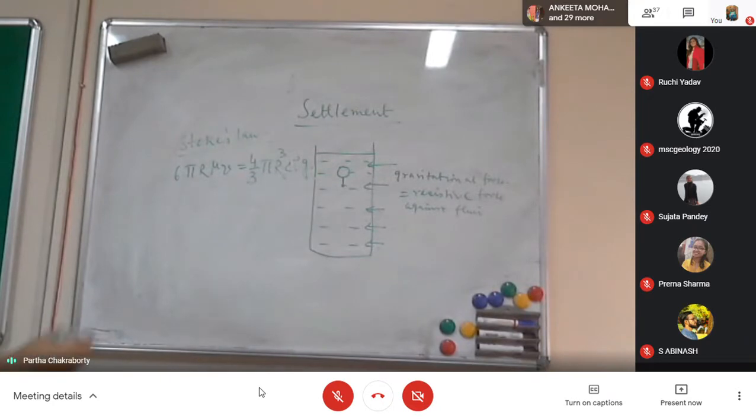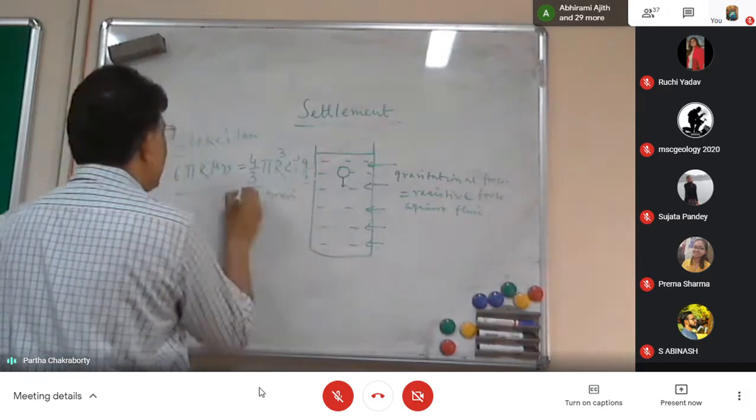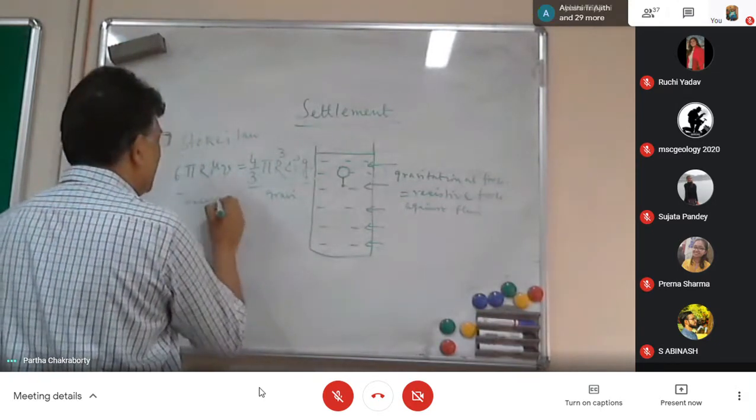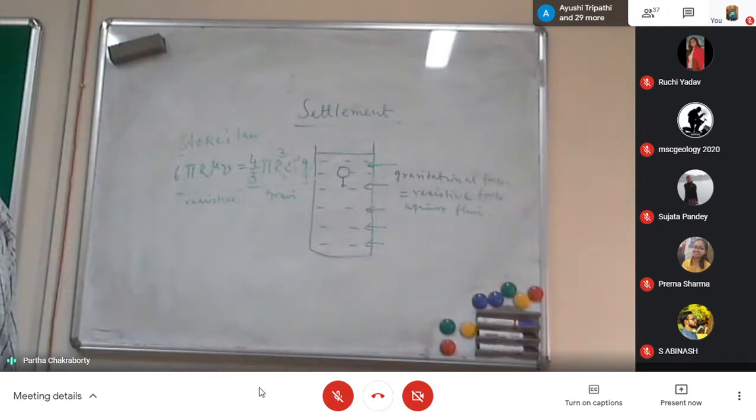This is the resistive force and this is the gravitational force on the grain. These two balance one another.